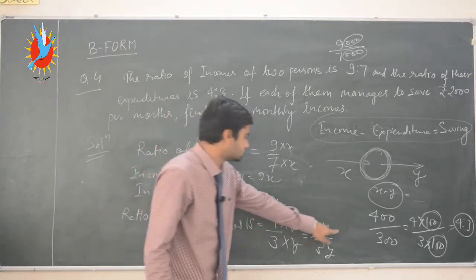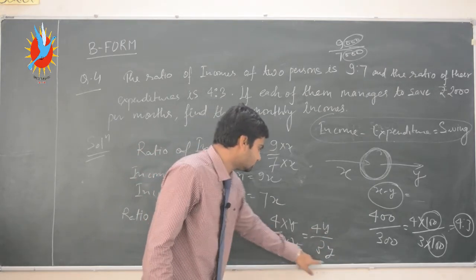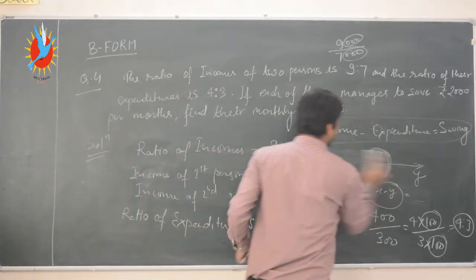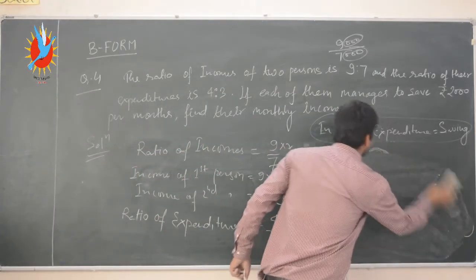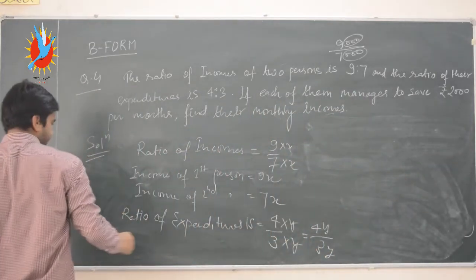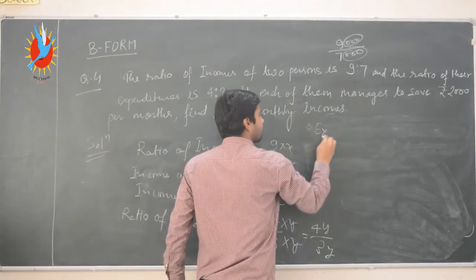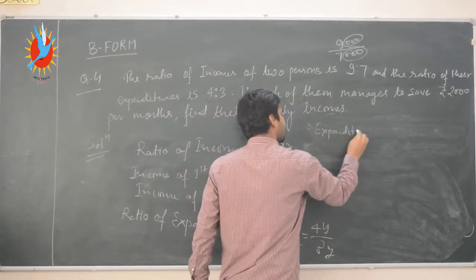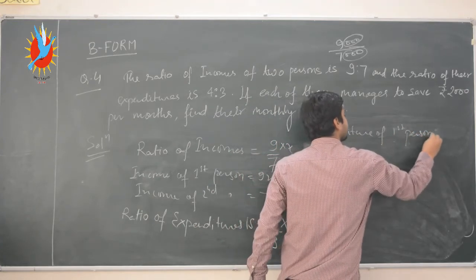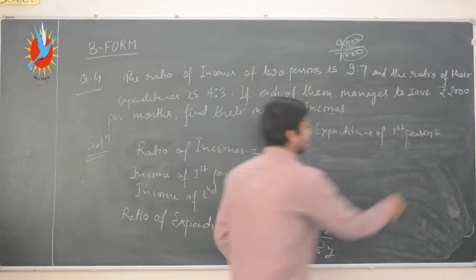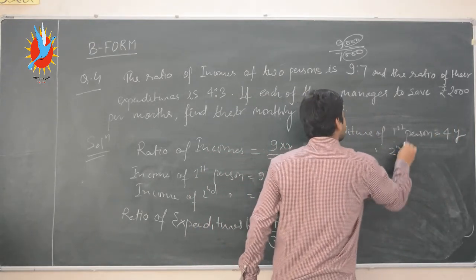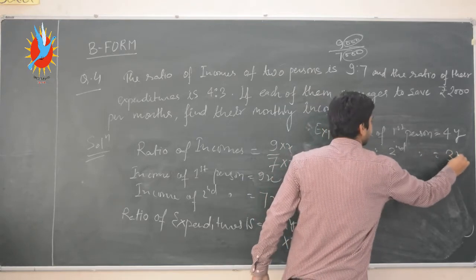The expenditure of the first person will be equal to 4y, and the expenditure of the second person will be equal to 3y.